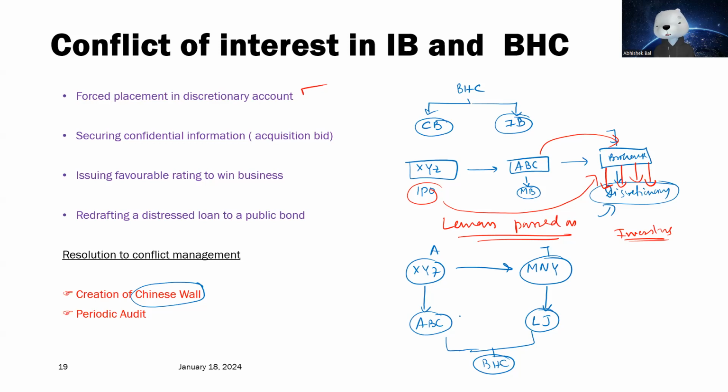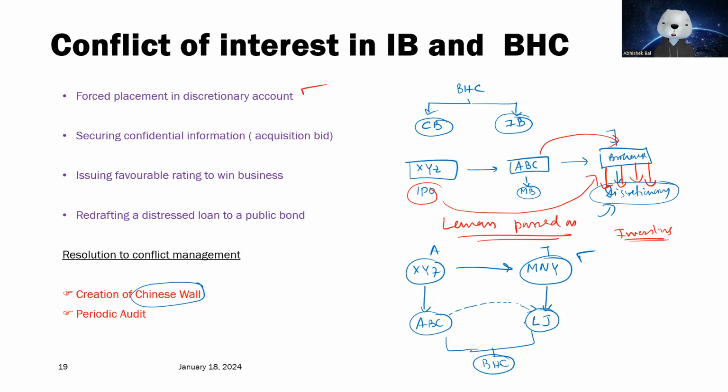In such a situation, ABC might actually disgracefully, surreptitiously acquire some sensitive information about MNY from LJ, thereby breaching the privacy.